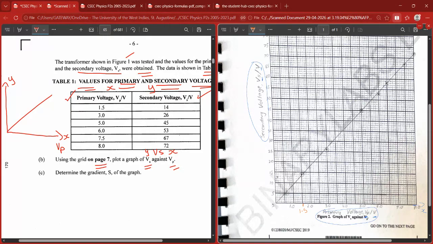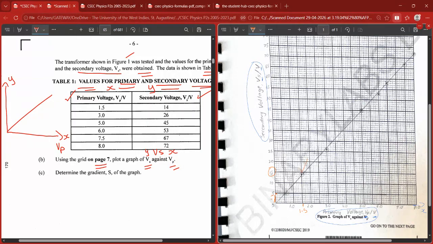And 14 would be, well, if 1 cm is 5 volts, then one little block here would represent 1 volt, because there are 5 little blocks going up to give you 1 cm. So 5 little blocks make 5 volts, and 1 little block should be 1 volt. This is 1 little block below the 15, so this should be 14. So this is 1.5, 14.